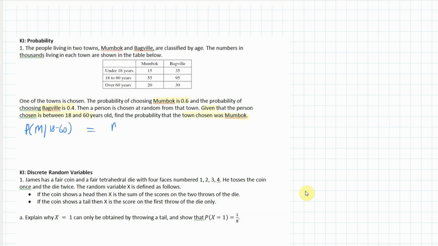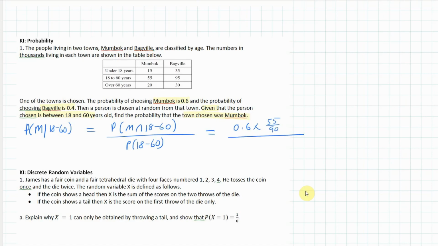Now the way we do this is, well, what's the probability of Mumbok intersecting 18 to 60 year olds, and we divide that by the probability of 18 to 60. Now, the probability of M intersection 18 to 60 is, well, chance of choosing M is 0.6, and then out of that there's 55 18 to 60 year olds out of a total of 90, I think.